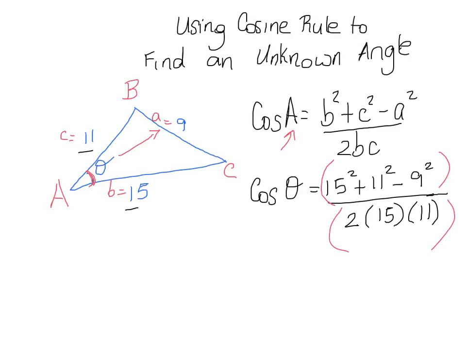So now you can go ahead, and let's fix this cosine. We actually know that this is A. We can go ahead and type this into our calculator. Again, remember your parentheses.